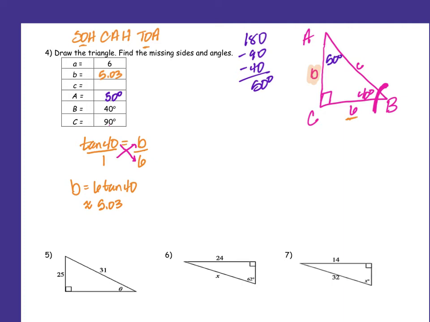Okay, and now I have 2 of my 3 sides. And I want to say I could use the Pythagorean theorem. But I'm not going to, and I'm going to tell you why. In order to find B, I rounded. This is rounded. So it's already not quite the right answer.